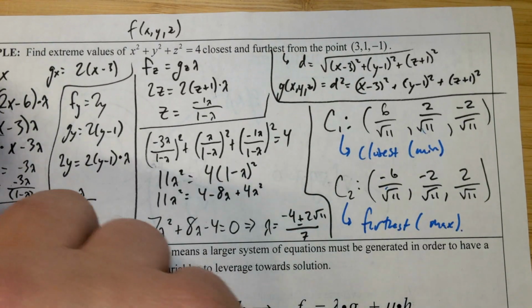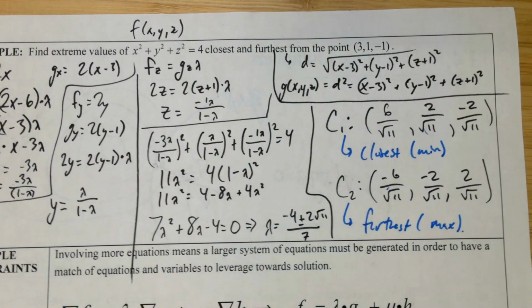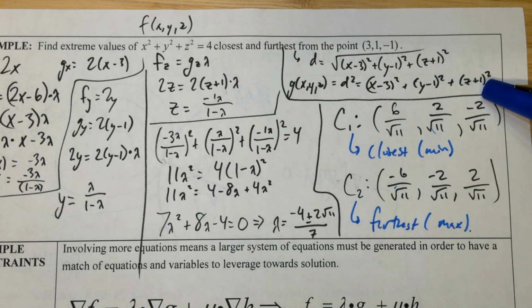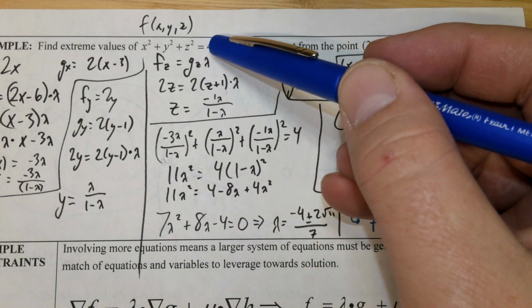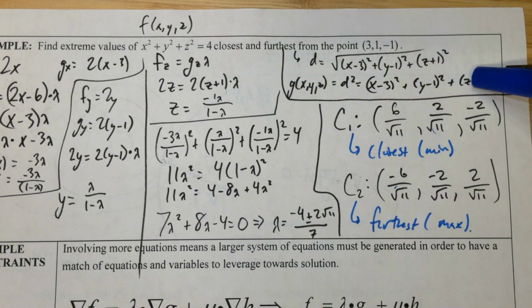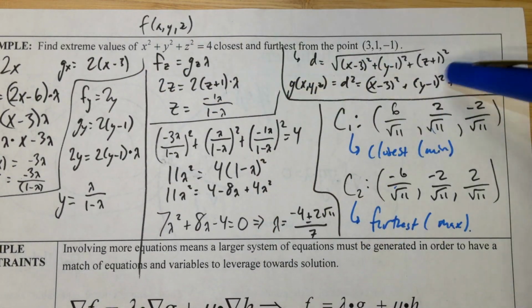Again, just to recap, I need to build 2 functions so I can set their partials equal to each other times some scalar multiple. So I made a distance function of x, y, z. I had my sphere actually, and compared the sphere to that distance formula and said, hey, when is the partial of my sphere equal to the partial of my derivative? The partial, partial, partial, partial.